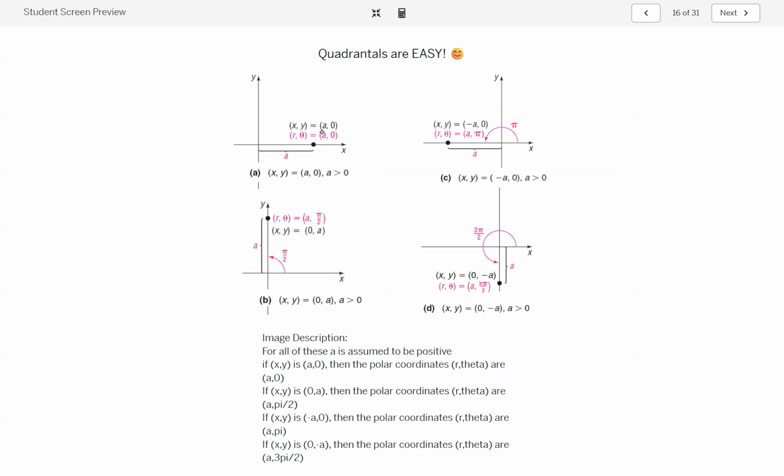The interesting thing here is in quadrant one, the polar point is a comma 0, and the rectangular point is also a comma 0. So for any point on the positive x-axis, the polar point and the rectangular point can be written as the same number pair.